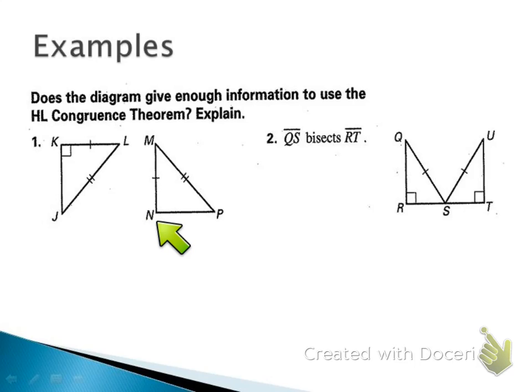Is it where 2 lines, like if there was another right angle over here, then you know this one would be right because they'd be perpendicular lines. But do we know for sure that N is a right angle? No. Maybe it's an 89-degree angle. Maybe it's a 92-degree angle. We don't know. So this one's a no. It's actually missing the first important piece of information for HL. They have to be right triangles.